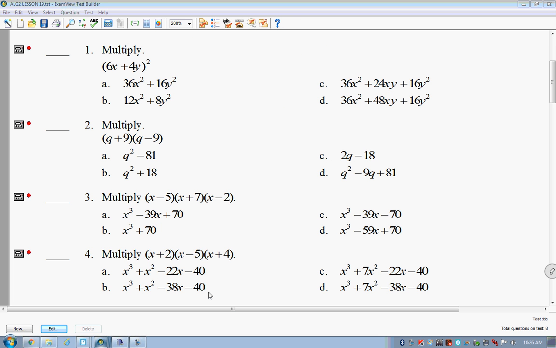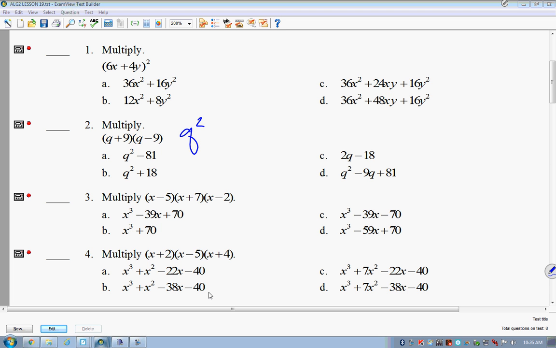Okay, what is the term for what we're seeing there? Q plus 9, Q minus 9. Sum difference, okay? In a sum difference, what are the only 2 steps I need to do in terms of FOIL? Do I need to do all 4, F, O, I, and L? First and last, all right? So what's first?